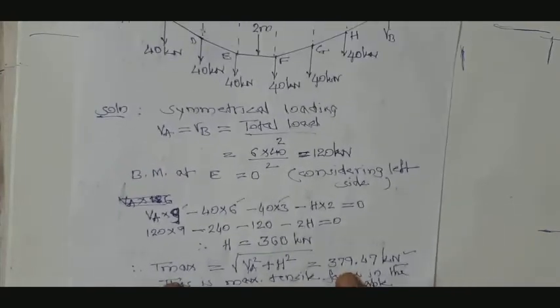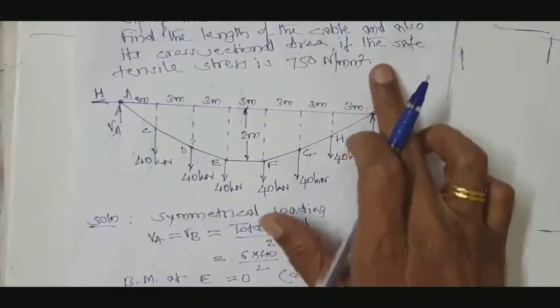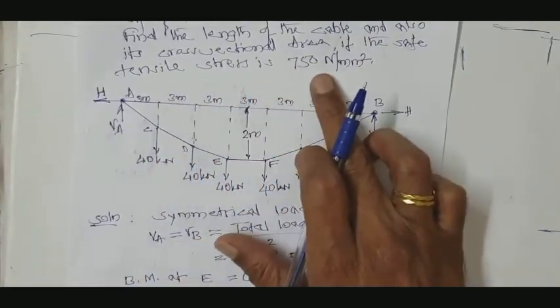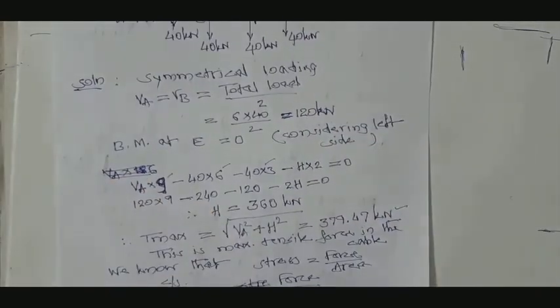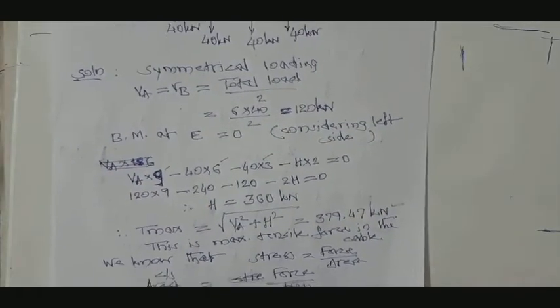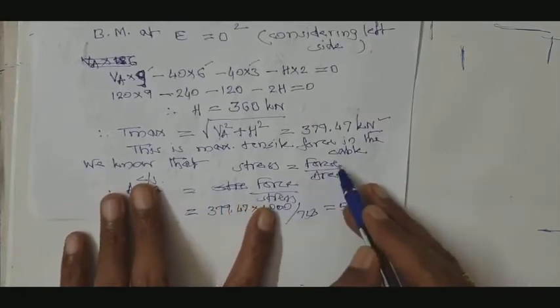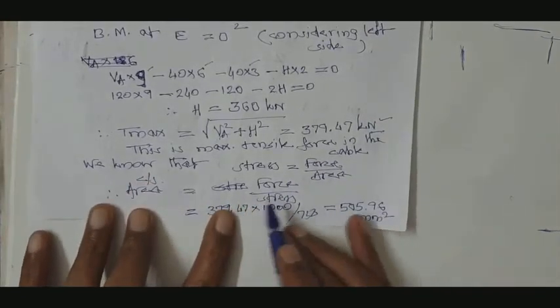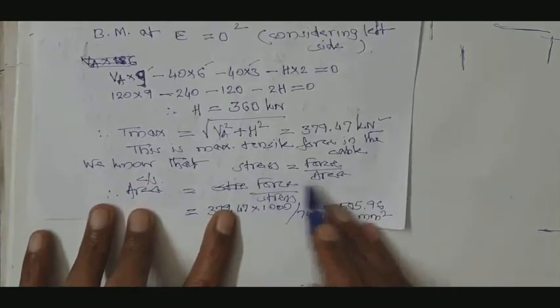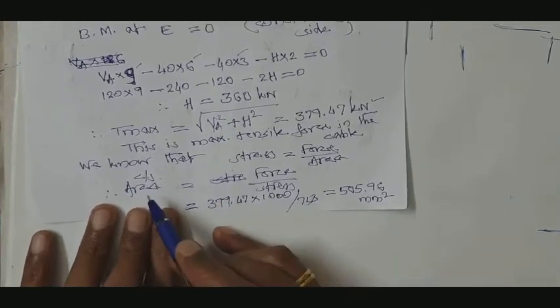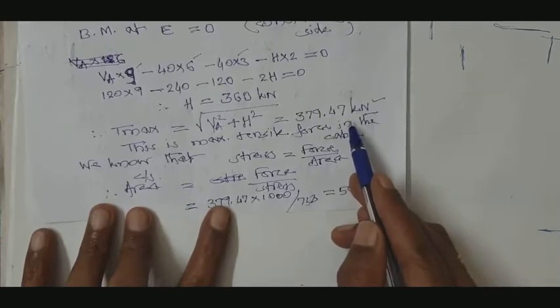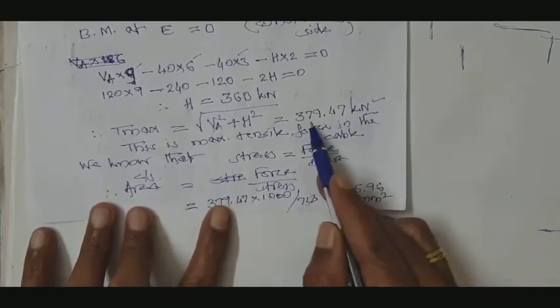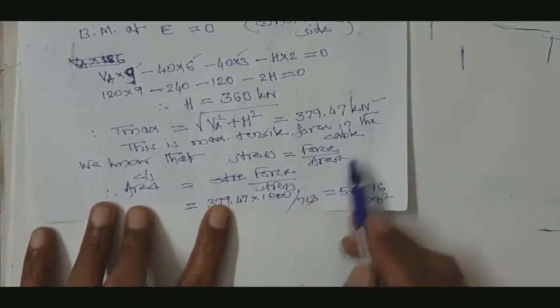But what he has asked here is the cross-sectional area if the safe tensile stress is 750 Newton per mm square. We know the relation between stress and force. Stress equals force by area. Therefore area equals force divided by stress. The force is the maximum tensile force in the cable, which you have calculated as 379.47 kilonewton.